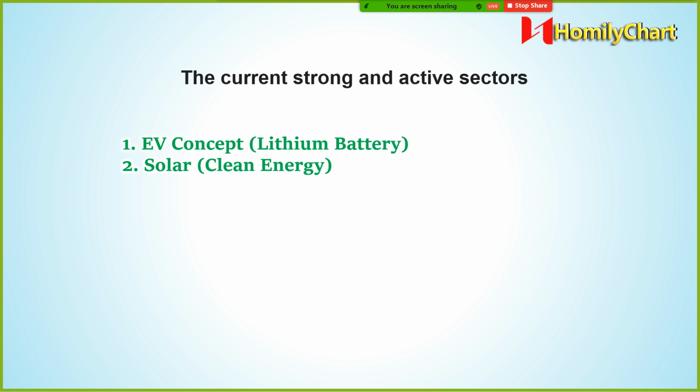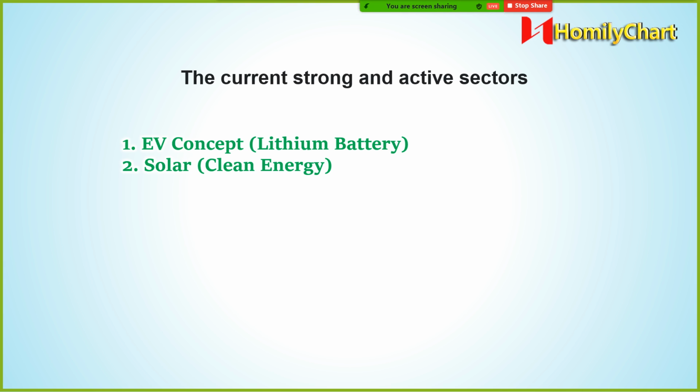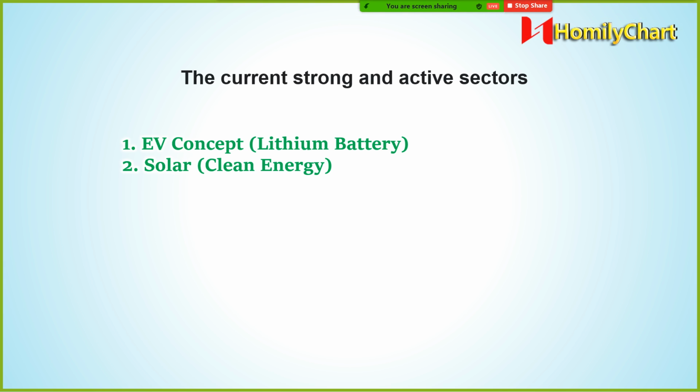Especially before the general election, and after the election now, we also can see, even though you think the EV sector is already very high, already overvalued, like Tesla, like NIO, like Xpeng, and also some related shares, but now they are also very strong.